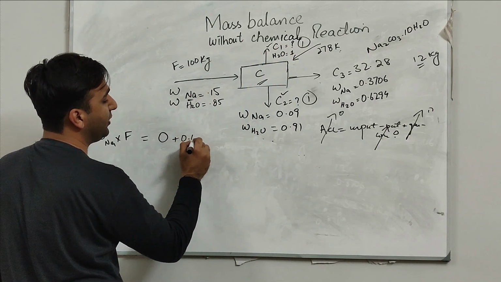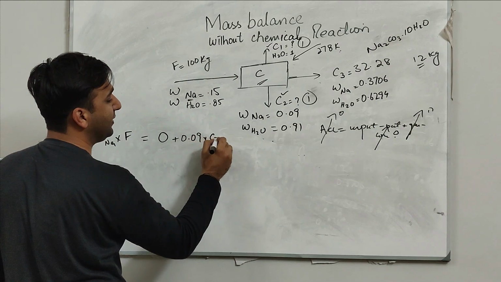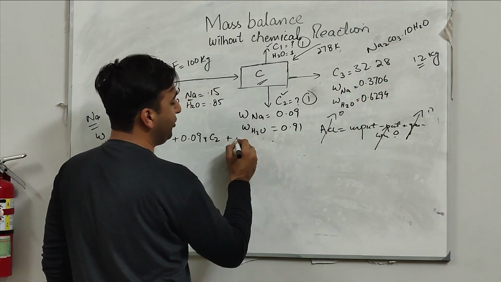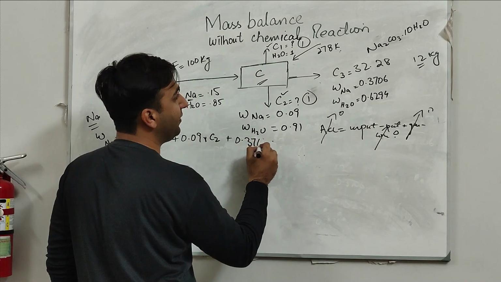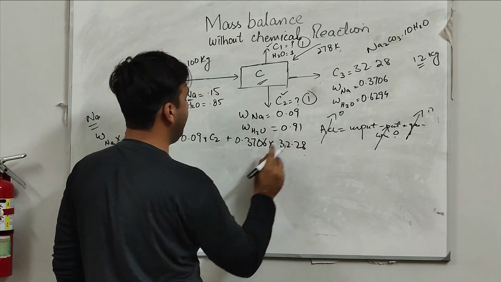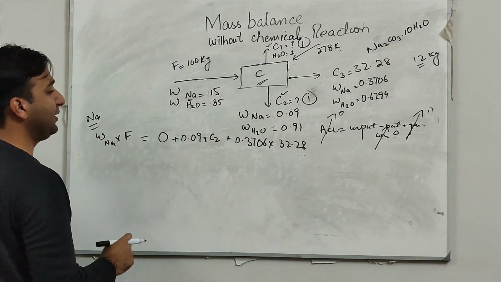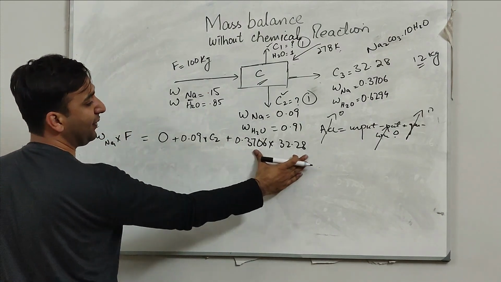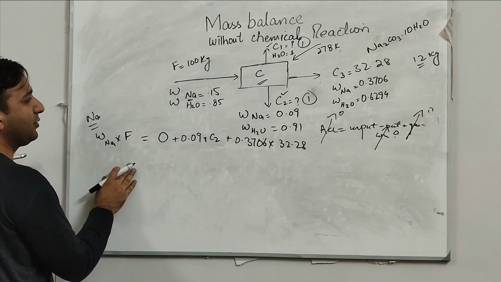Here it is 0.09 multiply C2, and here you can write 0.3706 multiply 32.28. So now you can see that I had not written this equation in this form, so sorry for that.